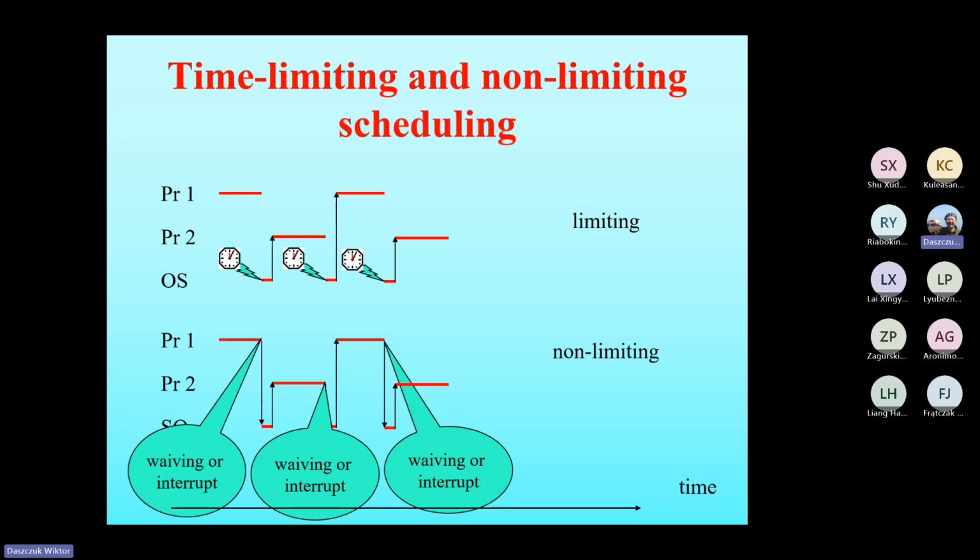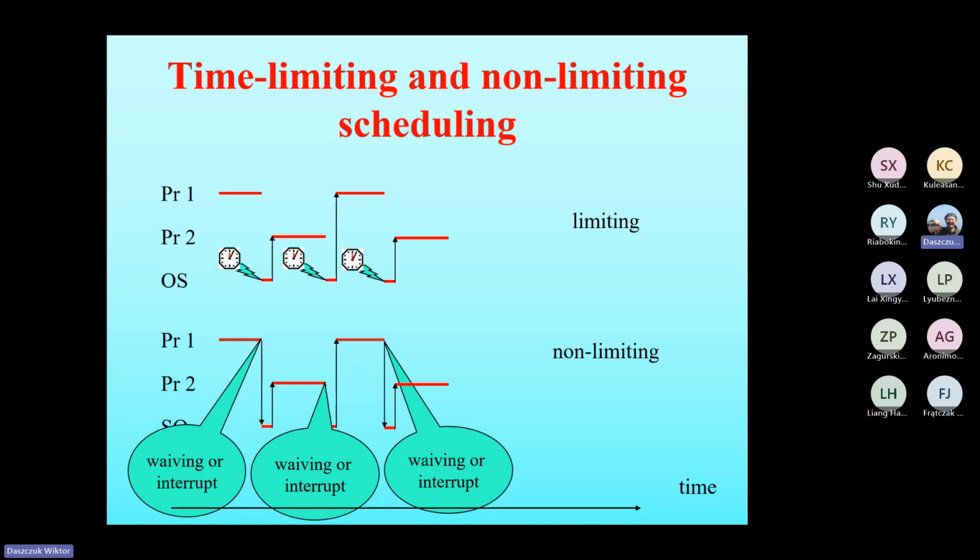Preemption is taking back the resource from the process, not because of a time limit, but because of some other reasons. If it is a time limit, it's not preemption, it's limiting the time, because typically when we limit the time, we can allocate this time again in the future, like this.